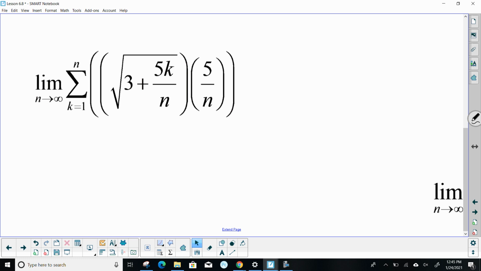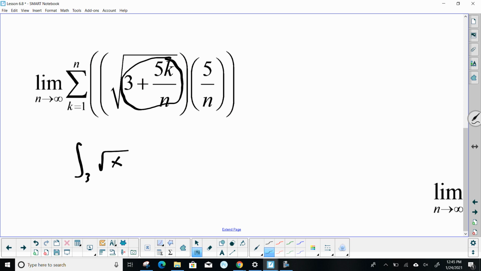I'd always start by identifying what's the inside of the function. The inside of this function is that part right there. Whatever I'm adding in here, that 3 by itself, that's a. And then that is inside of the square root, so the square root is my function. I just need to find the upper limit.